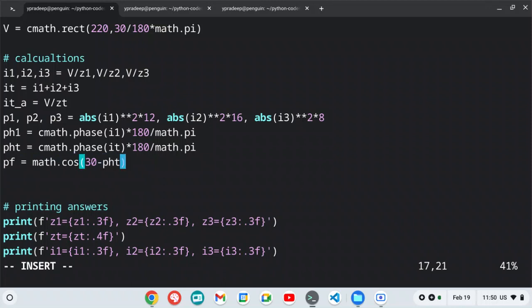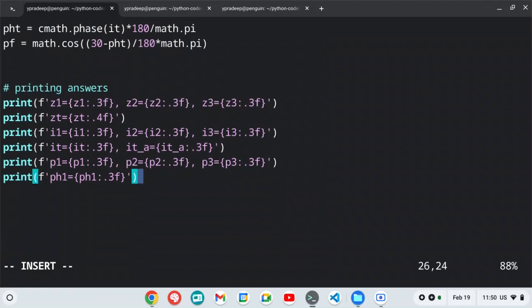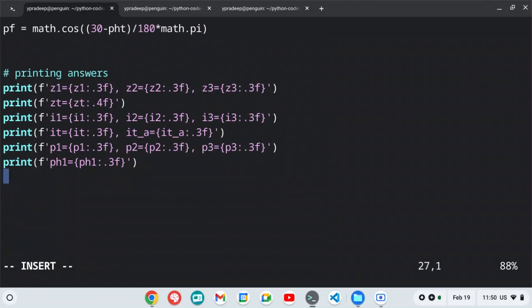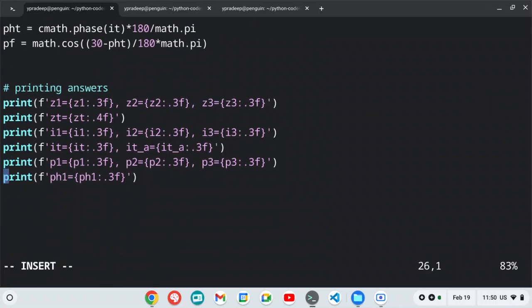But cos requires the value in radians, so divide by 180 and multiply by math.pi. Now I got the power factor. Sir, power factor is also real part of power by absolute power. Yes, power factor is also real power by apparent power. So let's print this one first.